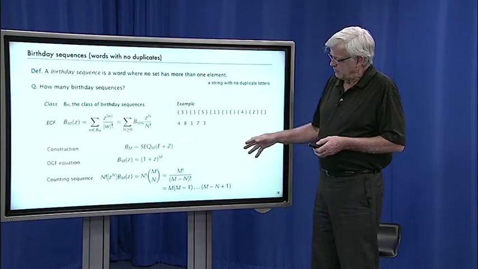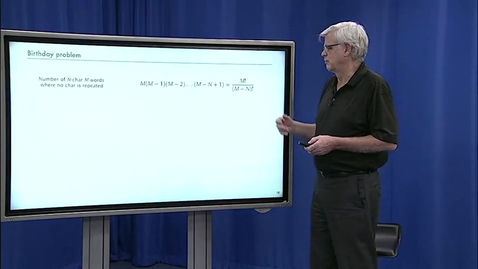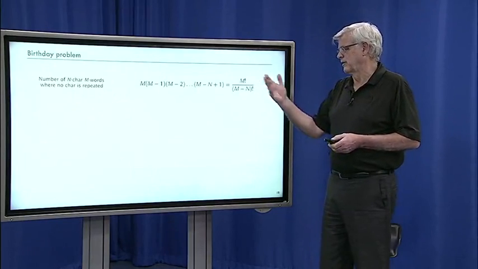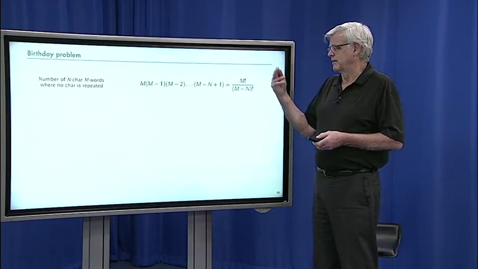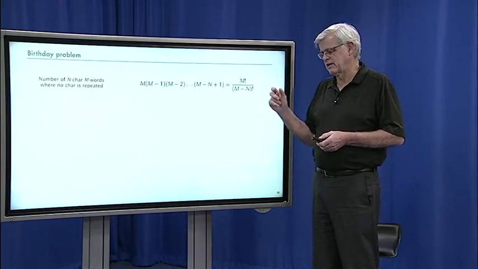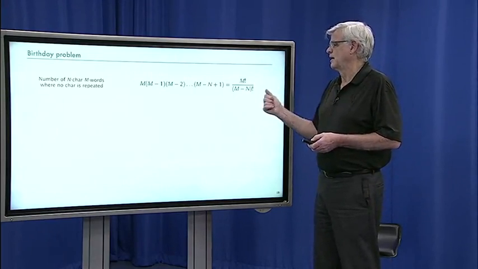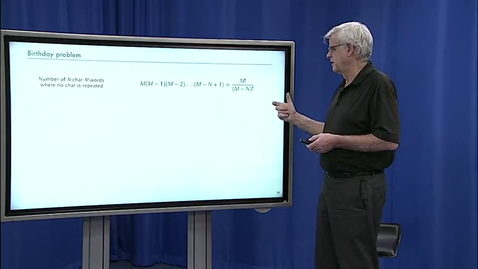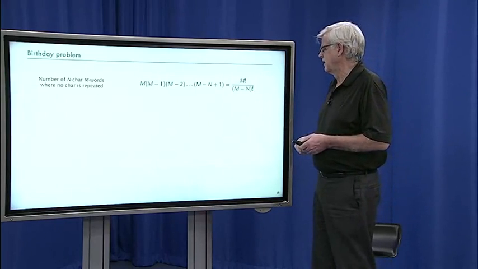With that, we can solve the birthday problem. We just showed that the number of n-character words where no character is repeated is m factorial over (m minus n) factorial.